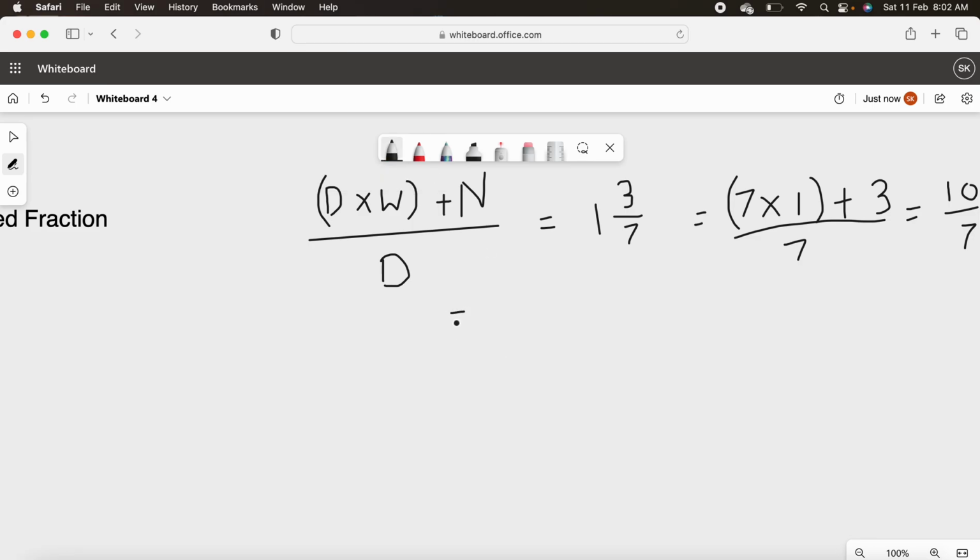Again the same formula. Let's write it like 1 6 by 7. What happens to this?